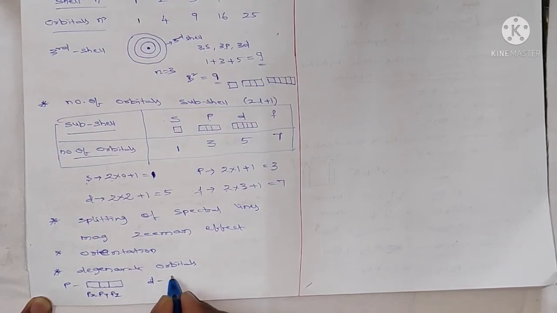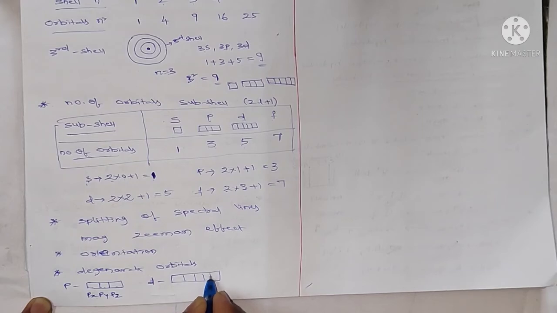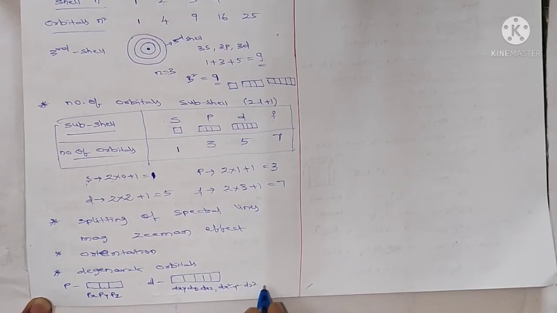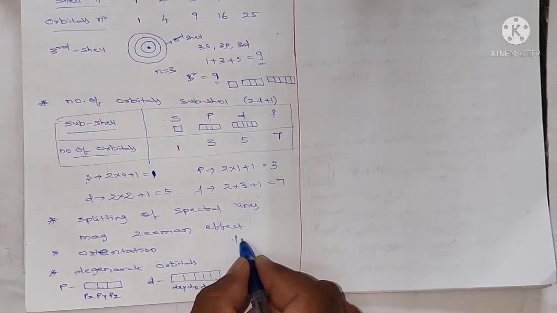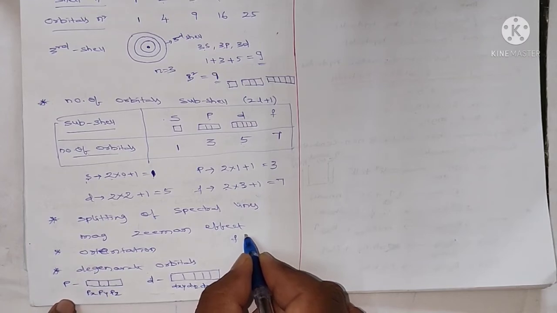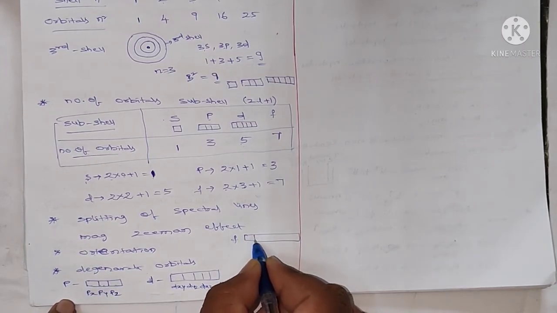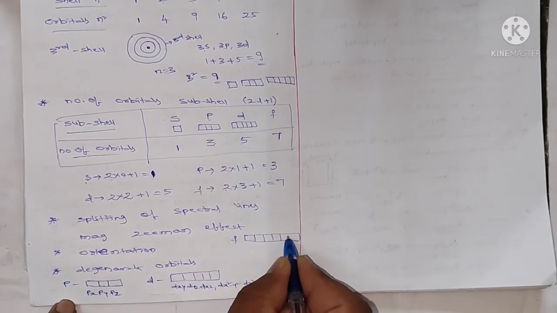And d orbitals, 5: dxy, dyz, dxz, dx square minus y square, and dz square. And f orbitals, 7: 1, 2, 3, 4, 5, 6, 7.